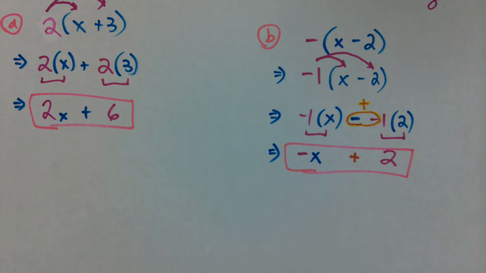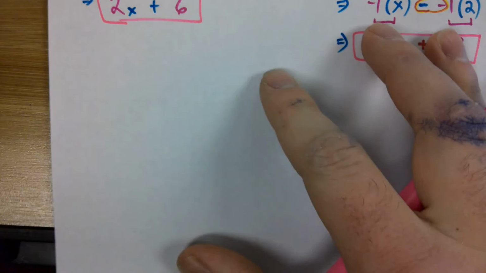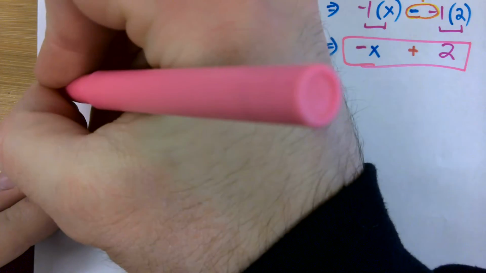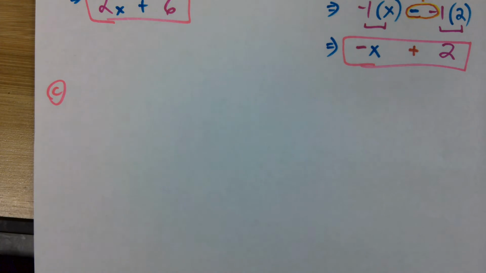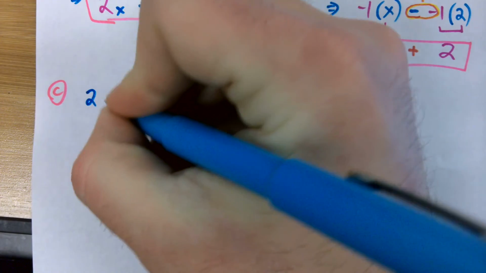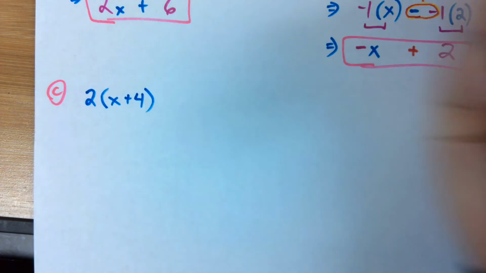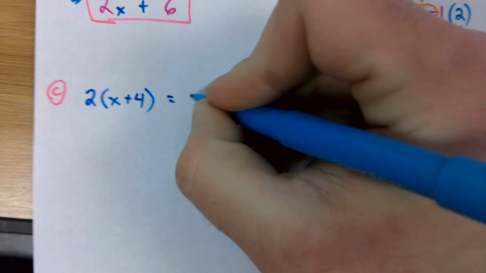Okay, let's do an actual equation now. Expressions are nice, but that's not going to be what we're doing on the worksheet. So let's do an actual equation here. Let's do 2 times x plus 4 equals 6.